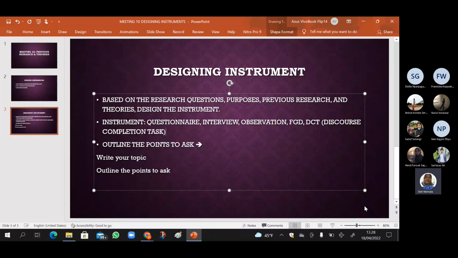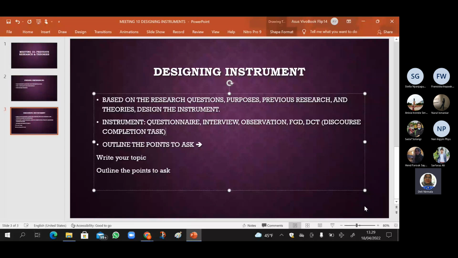But DCT is a bit different. I think these types of instrument have been discussed in the previous research method subject or semester. So it is not new for you.